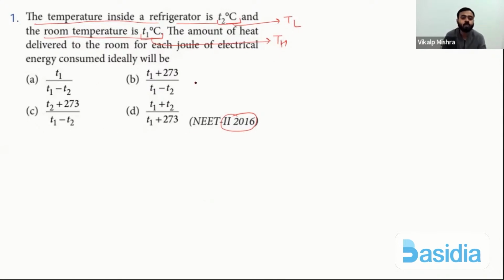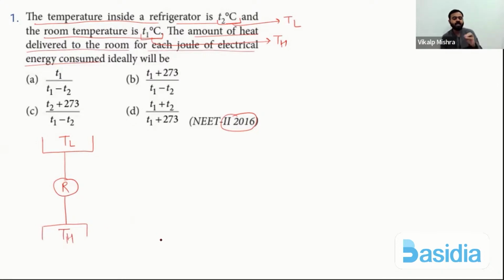Now, the amount of heat delivered to the room for each joule of electrical energy consumed. Now we will see. This is our refrigerator, and I am drawing the diagram of the refrigerator. In a refrigerator, this is the lower temperature, TL, from which we have to extract heat. Now, this is our higher temperature. Higher temperature means our ambient, or we can say atmosphere.